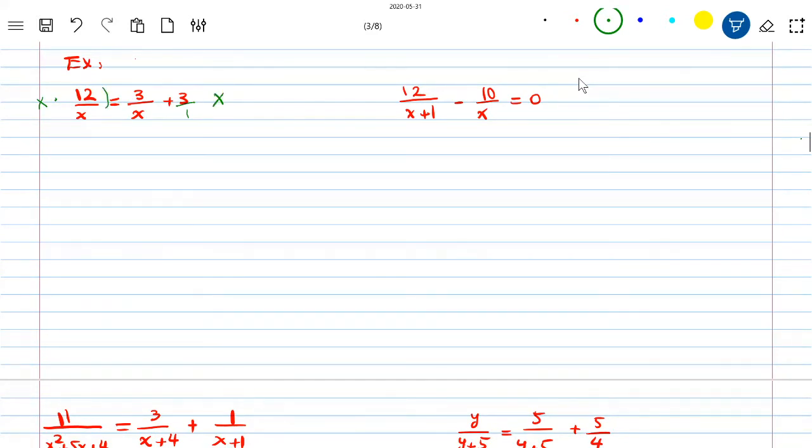But make sure that in these parentheses, there is more than one term, so you have to distribute it. So x times 12 divided by x, we get 12x over x.